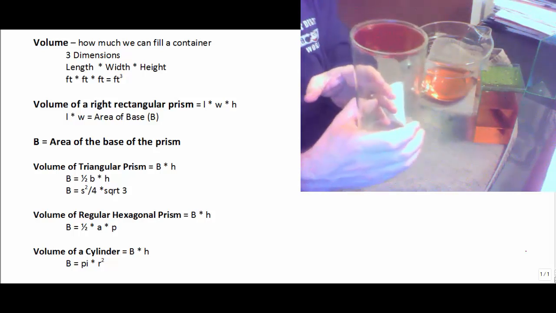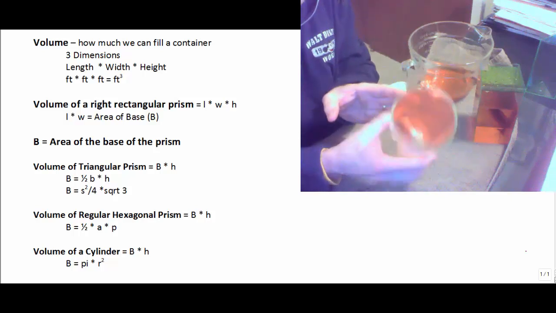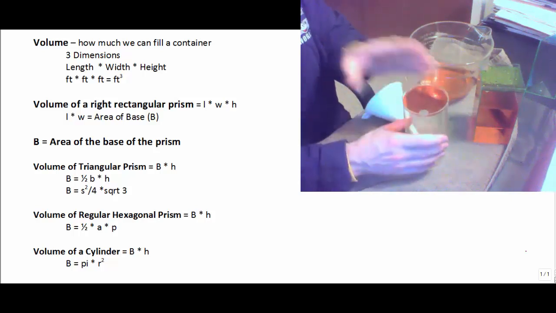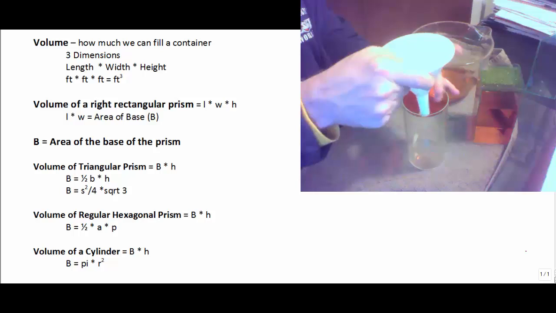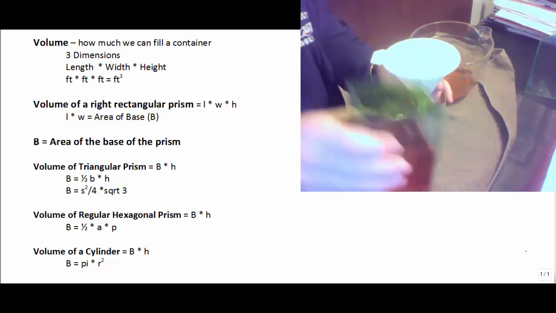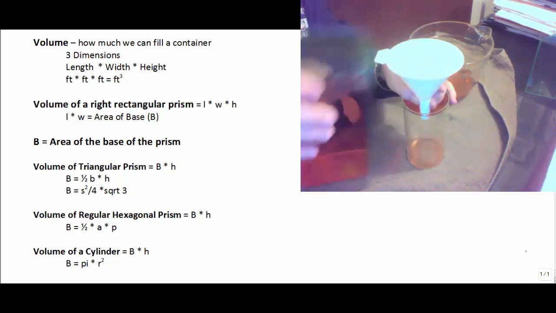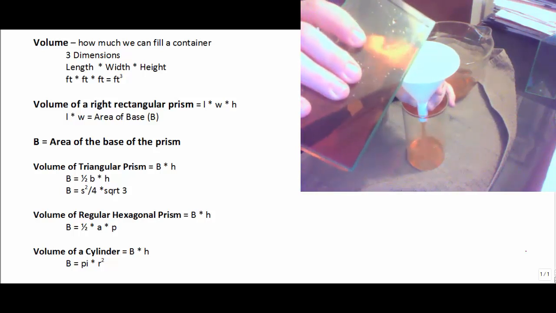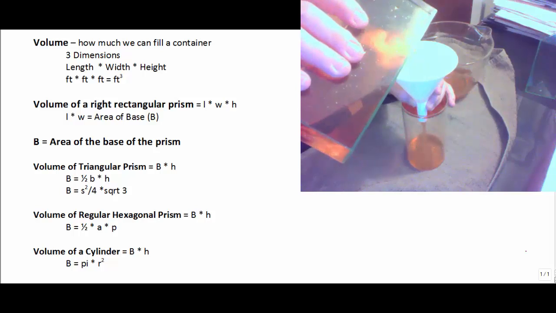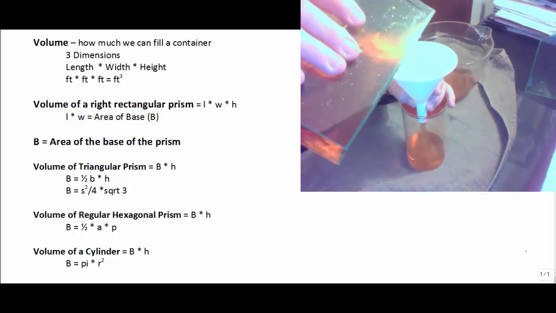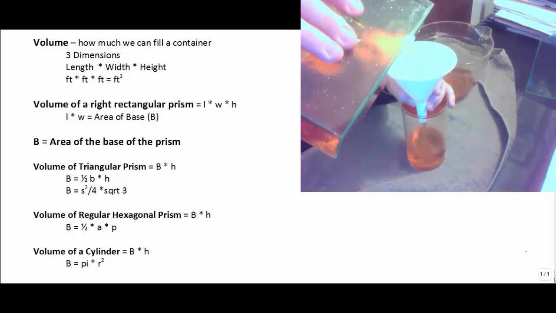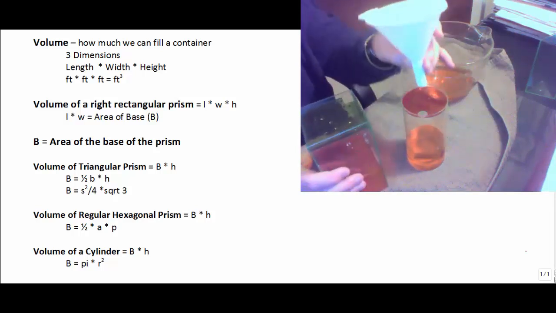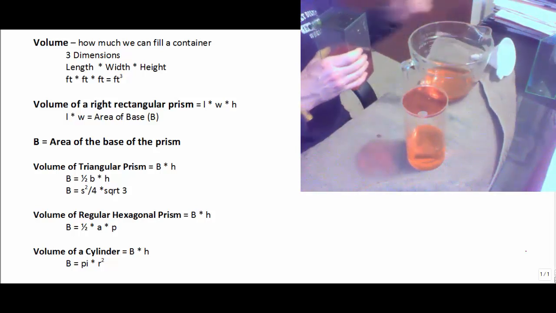So a cylinder, well, I've got a round base, but its volume will be the area of the base. Cover that base. So now a circle, pi r squared, and pi r squared, and pi r squared. So the area of the base times the height until that's completely filled.